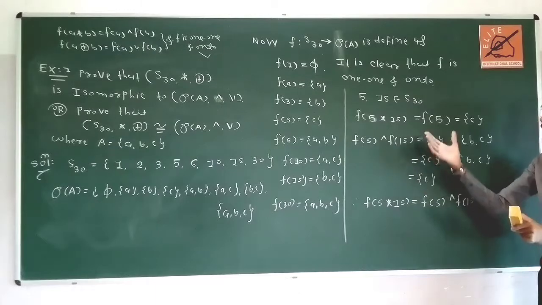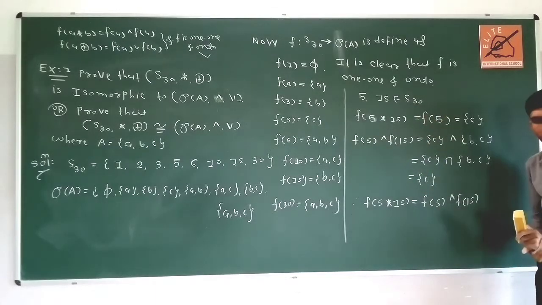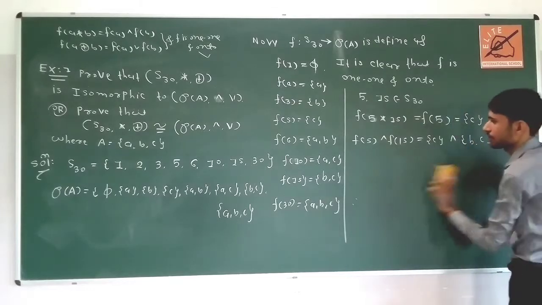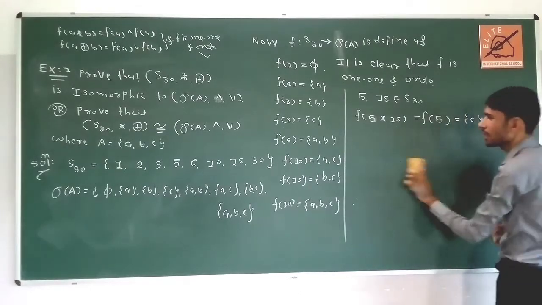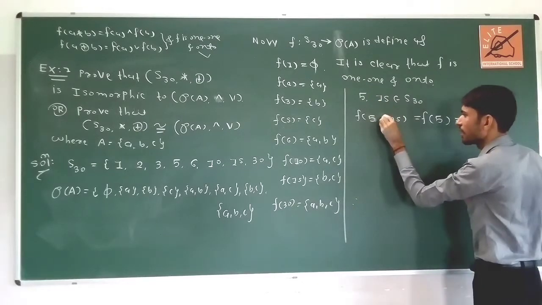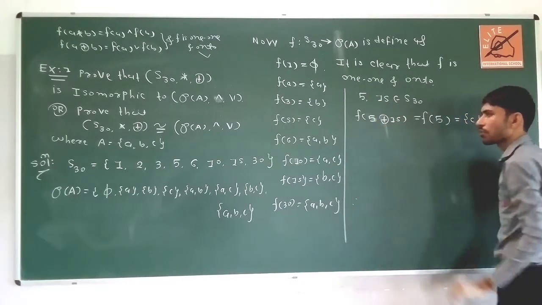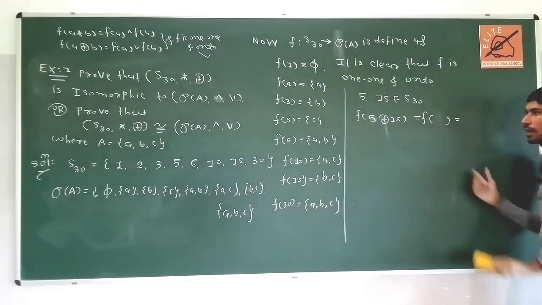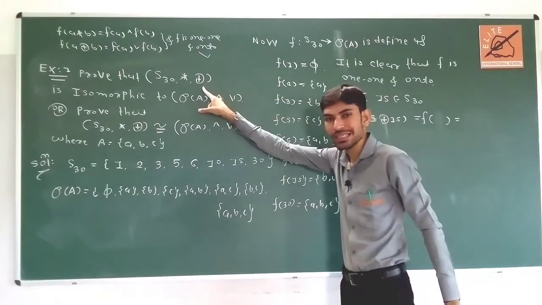Now similarly same way here we check our second condition. મિત્રો સેકન્ડ કન્ડિશનમાં શું થઈ જશે રિંગ સમ. Here we find the ring sum between a and b, means f of 5 ring sum 15. હવે રિંગ સમ મિત્રો શું બતાવે છે LCM.